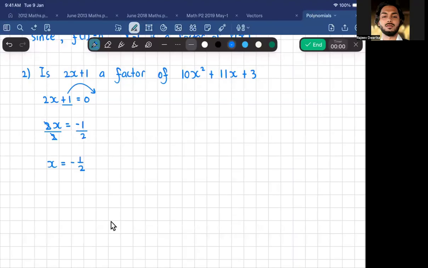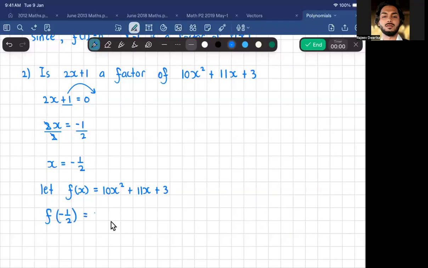Great. And now notice they didn't give us a function. They didn't call it f of x. So we could now say let f of x be equal to 10x squared plus 11x plus 3. We are allowed to do this because this is a function. In the next line, we are going to substitute what x is. We found x to be minus a half, so that's what we're going to plug in.